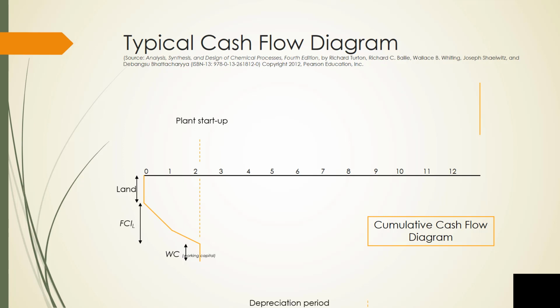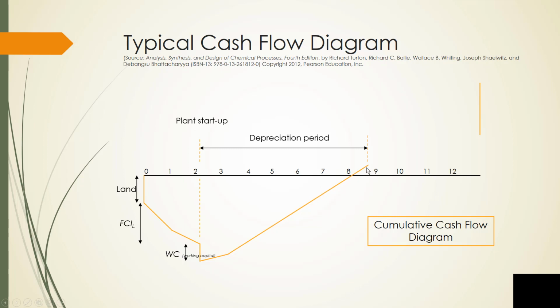So I'm going to start up the plant, and for a period of time, I'm going to be able to depreciate this fixed capital investment, which will help me recover some of this money on taxes. The first year is probably going to have a more gentle slope than the rest of this depreciation period.